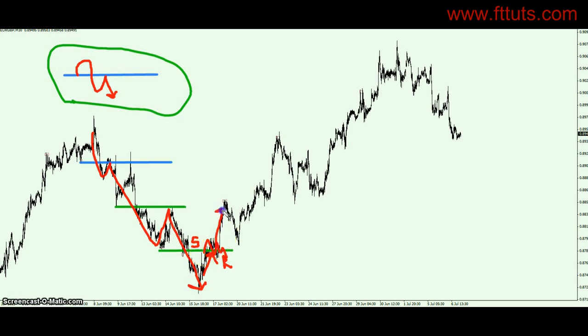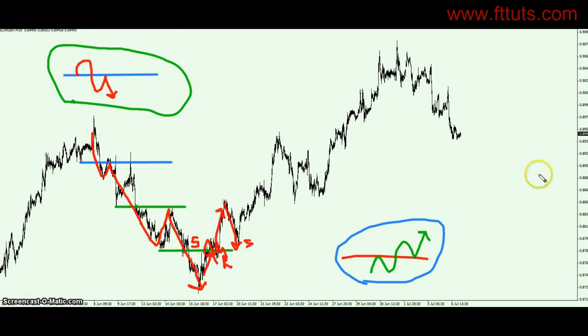Price broke higher and pulled back in order to test it as support, and from there we had the beginning of an uptrend, and what it looks like is something like this. So again, like I said, very common structure, almost like an early warning system that the market sentiment is changing.